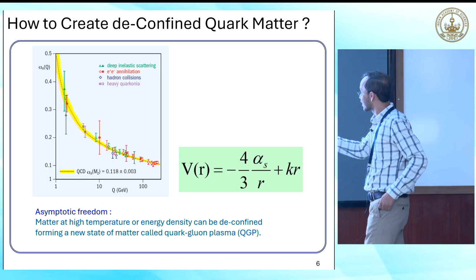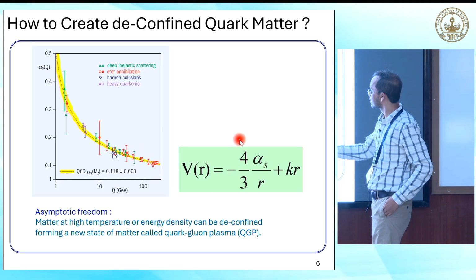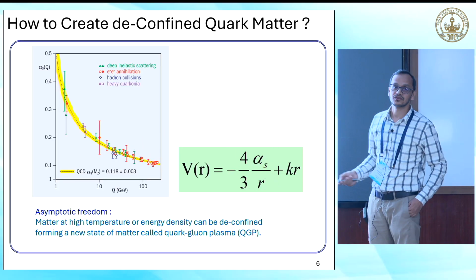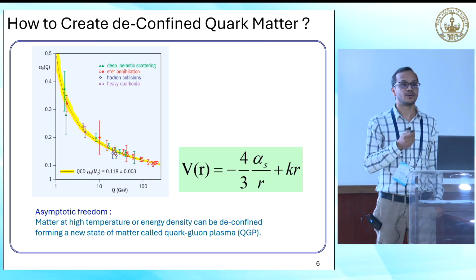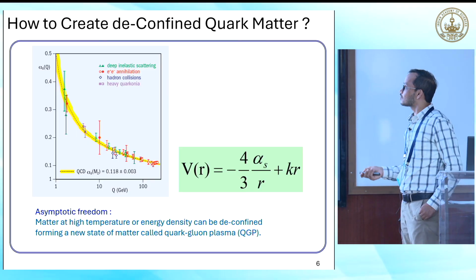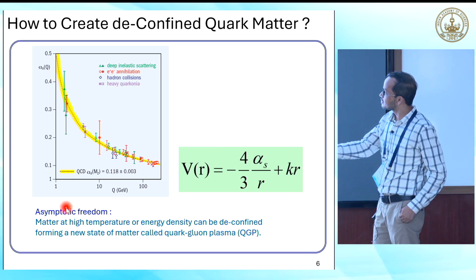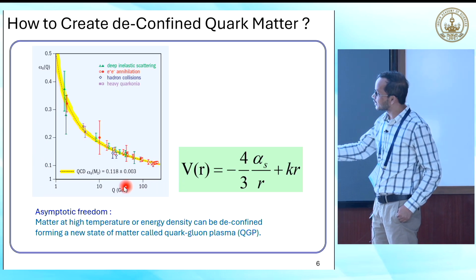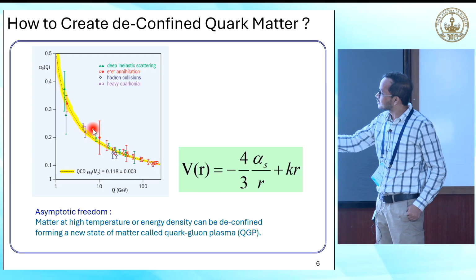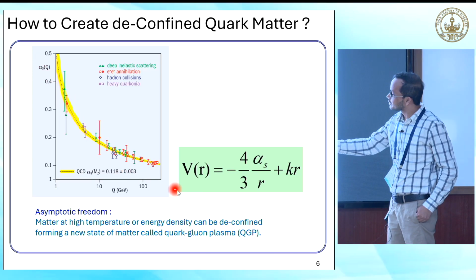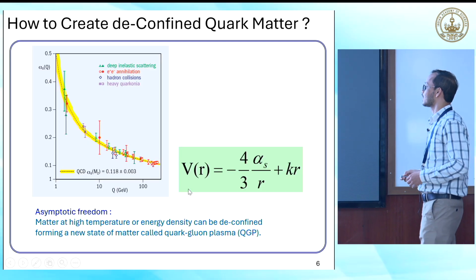If you look back at the QCD potential, this alpha s is a strong coupling constant. It's called a constant, but actually it's not a constant. You can show that alpha s changes with the momentum transfer in the reaction, or you can say the energy transfer. It is actually decreasing with increasing momentum transfer.